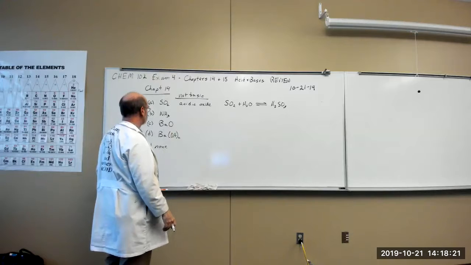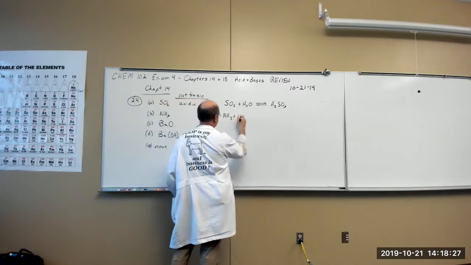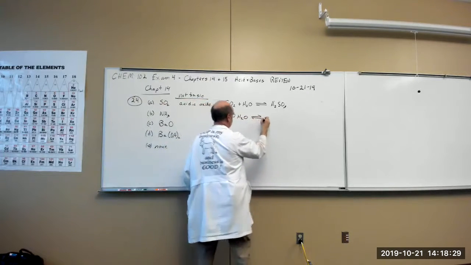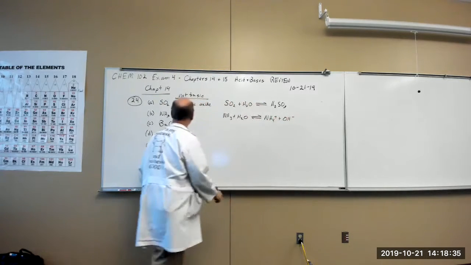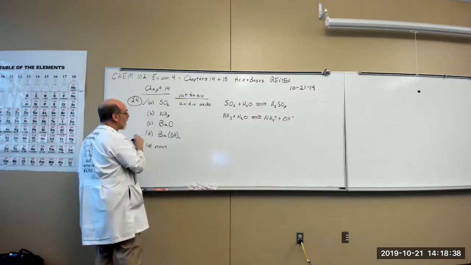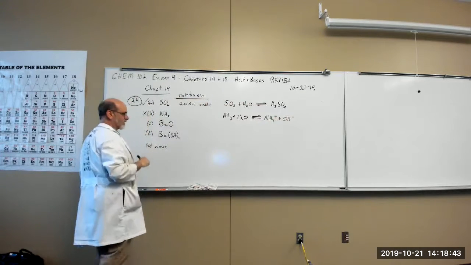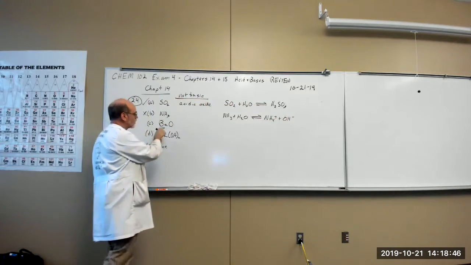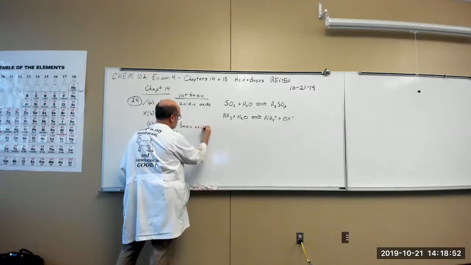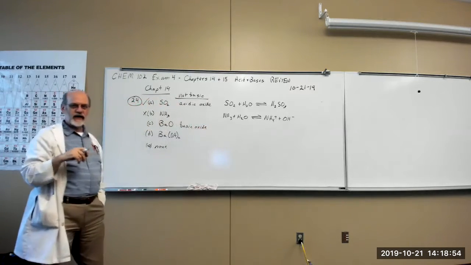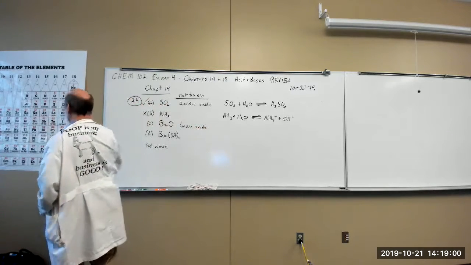That's an acidic solution. What happens to this one? That's basic, right? So that one doesn't work. This one is a basic oxide, and they're always formed from oxides of metals, particularly alkali metals and alkaline earths.